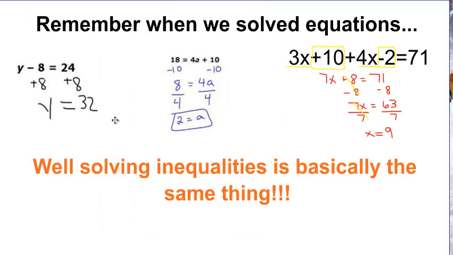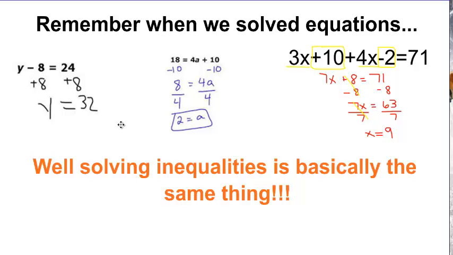So first off, let's remember back to when we solved equations. When we solved equations, we had one-step equations where you just had to do one operation to solve. We had 2-step equations where we had to do 2 operations, or multi-step where we had to combine our things first and then do 2 steps to solve. Well, solving inequalities is basically the same thing.